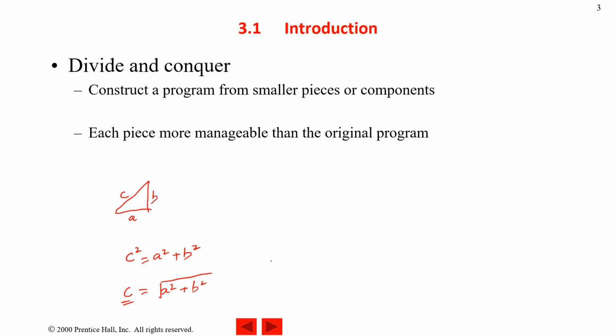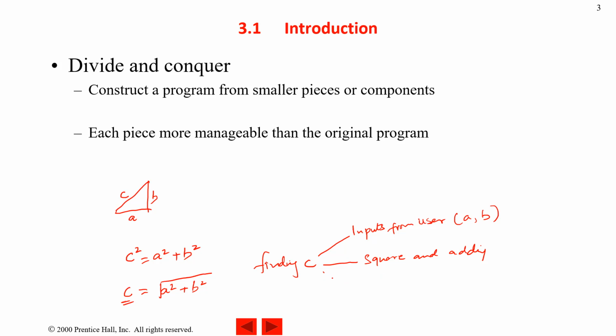So instead of that, I can say, okay, finding C, this problem can be divided into, let's say, 3 parts. First of all, you can take the inputs from the user, which are the values of A and B. That's one task. The second task is finding the square and adding.